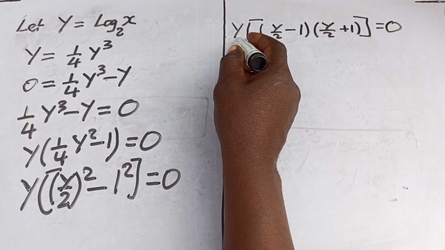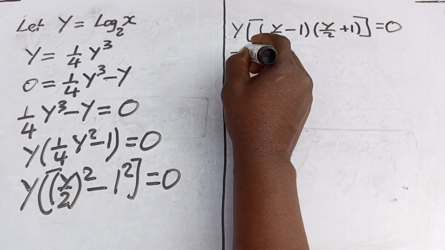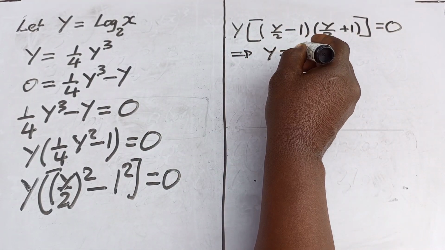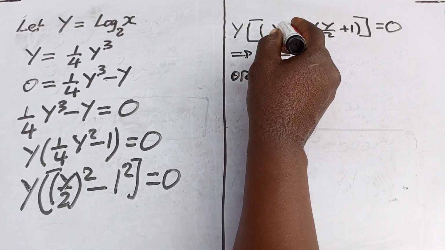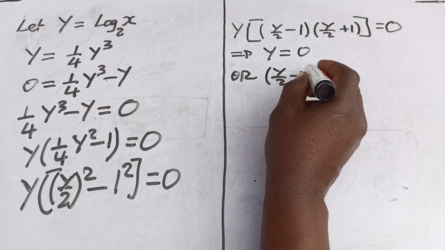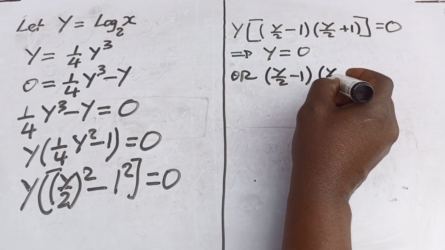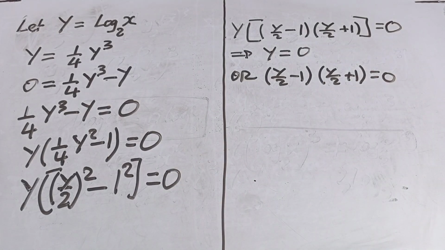So we have the product of expressions giving us 0. It simply means either y is equal to 0, this first expression, or this second expression is equal to 0. Y all over 2 minus 1, y all over 2 plus 1 equals 0. Okay? So we have these two equations to solve.